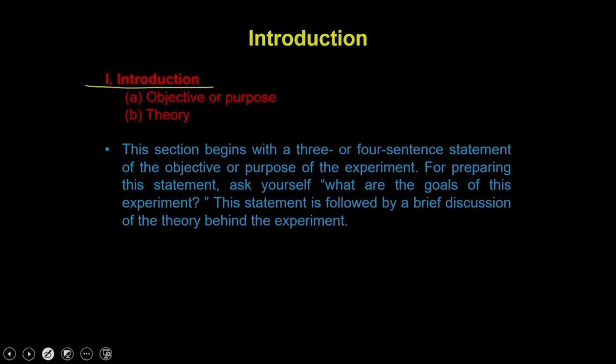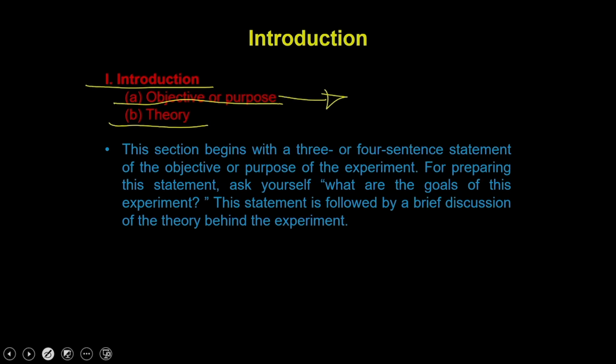The introduction is required before you even start the experiments, because it will have 2 sections. One is called the objective or the purpose of the experiment, and the other is called the theory section, which means you should know what objective you are going to achieve by doing these experiments.